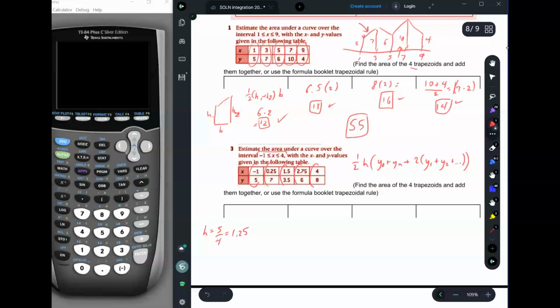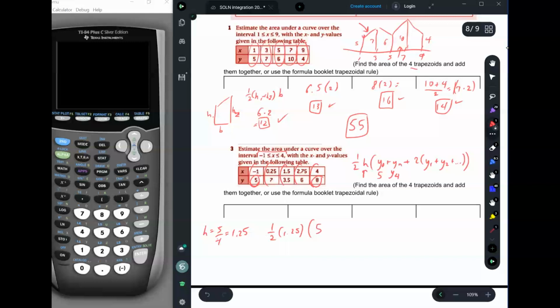I could do that on the calculator. Okay, so our h value is going to be 1.25. That's the width of one of the bars. And our y0 value is going to be 5, and our yn value, and actually in our case it's going to be y subscript 4, is 8. Okay, so I'm going to start filling in the formula here. So it's 1.25, and then I'm going to have 5 and 8, right?